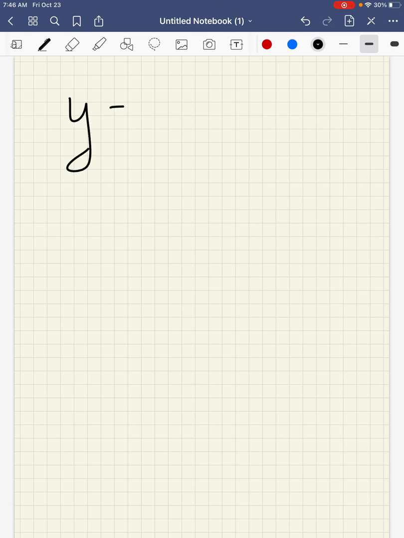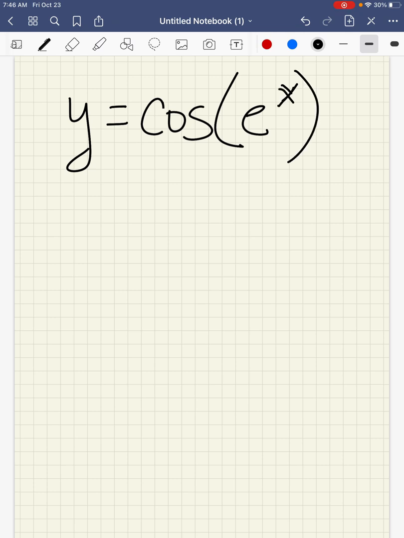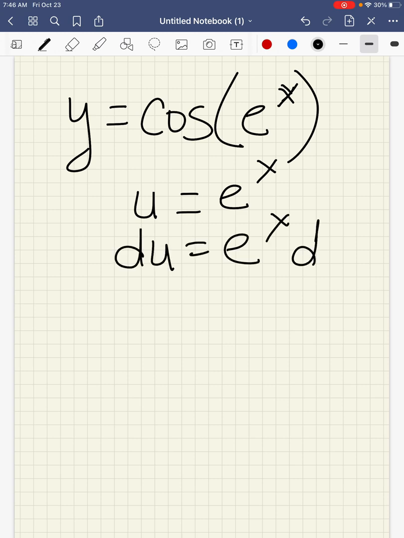Next, it says y is equal to cosine of e to the x. Now, I don't know how to find cosine of e to the x, so that tells me that my u substitution needs to be e to the x, and du will still be e to the x dx.